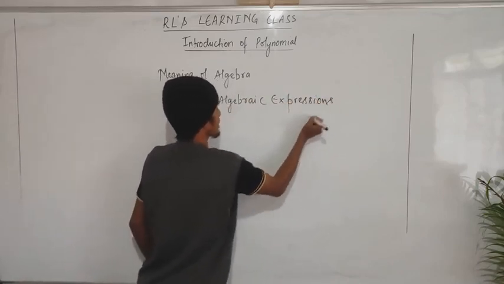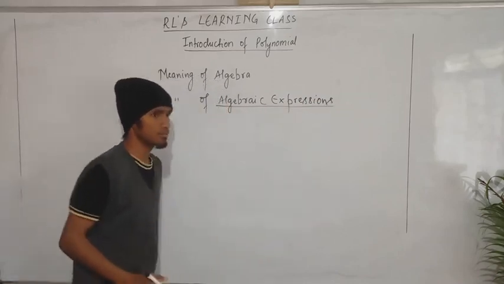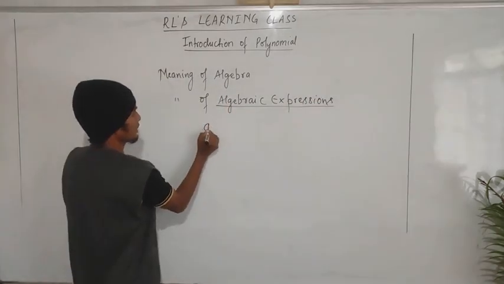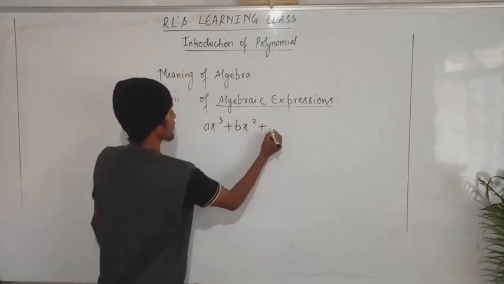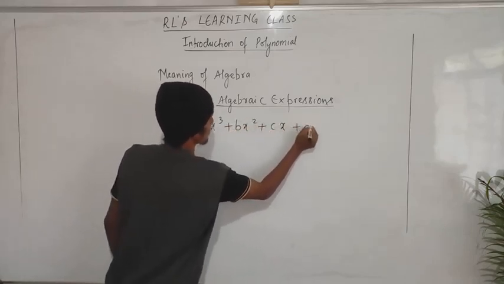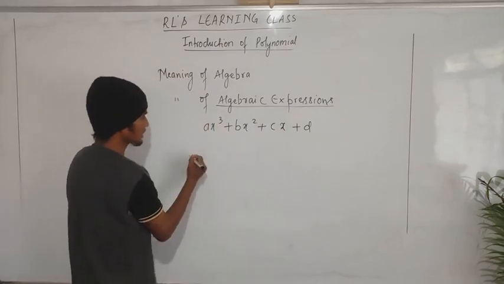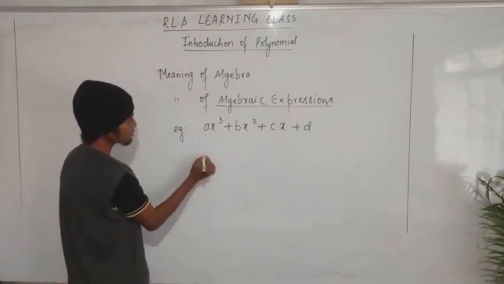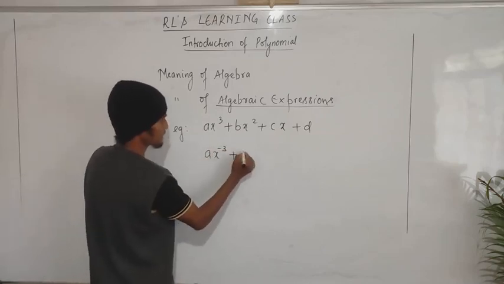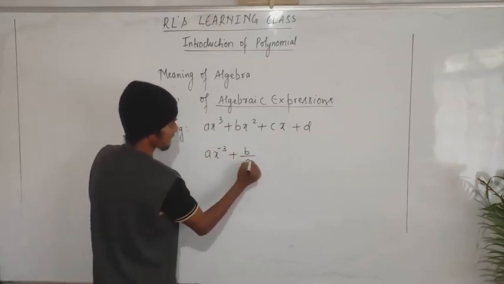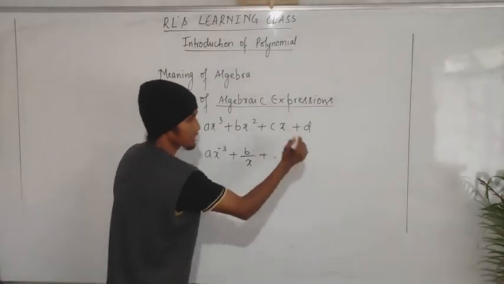Okay. An example of an algebraic expression will be like this: ax cubed plus bx squared plus cx plus d, or another example: a to the power minus 3 plus b by x plus something.